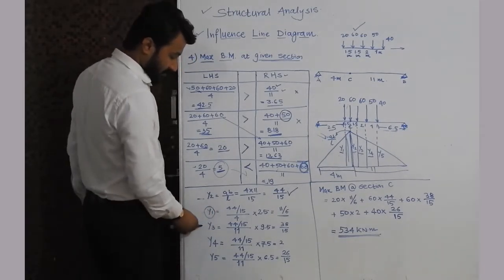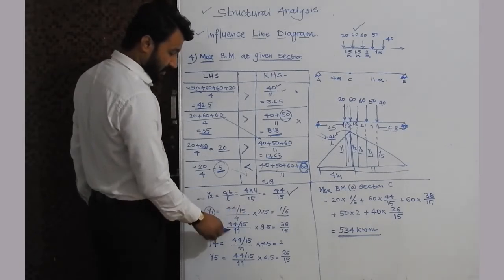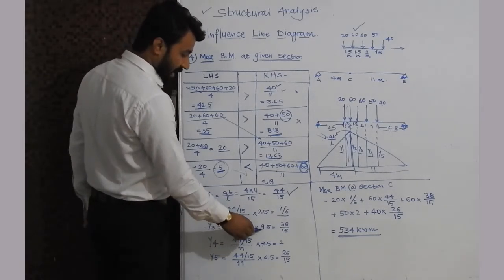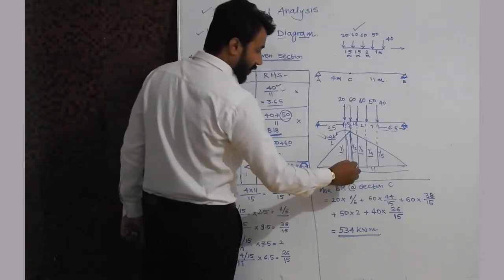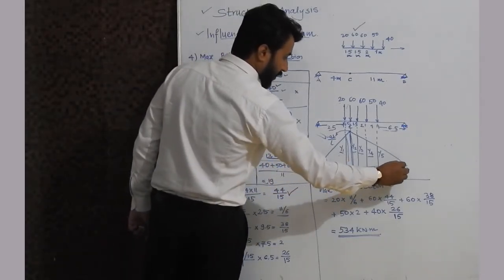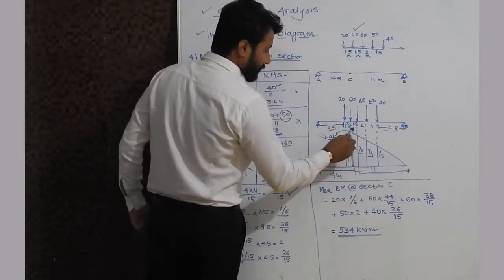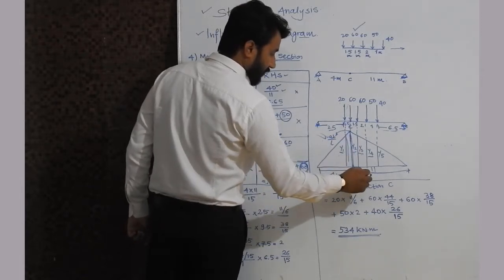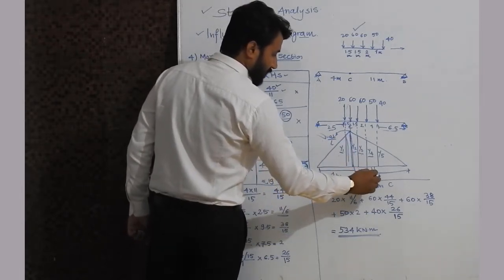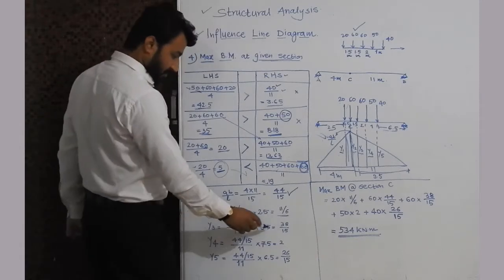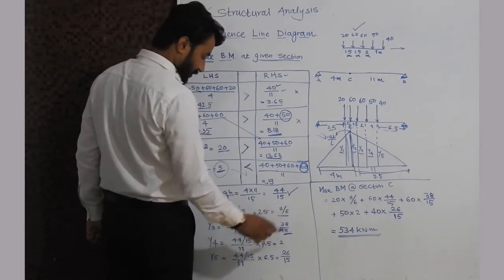So at Y3, 44/15 divided by 11, into 9.5. This Y3 is situated at a distance of 9.5, that is 11 minus this 1.5. So 9.5, and we are getting this value as 38/15.